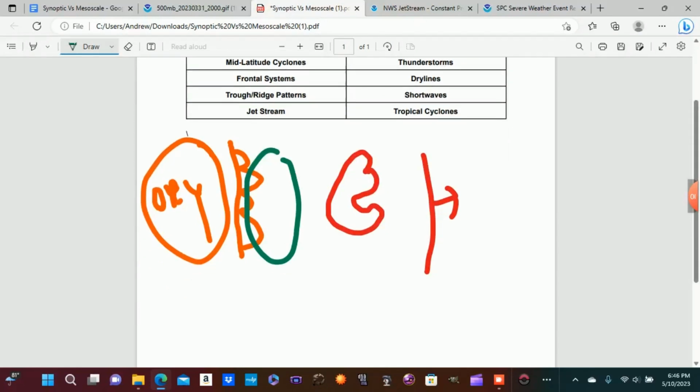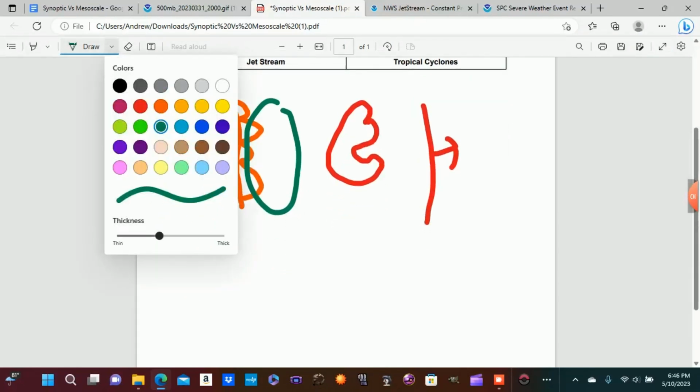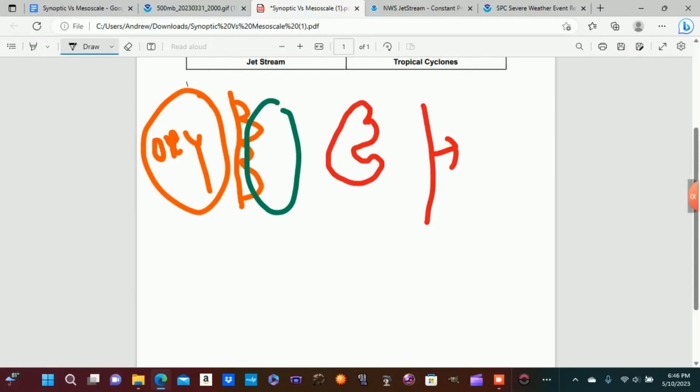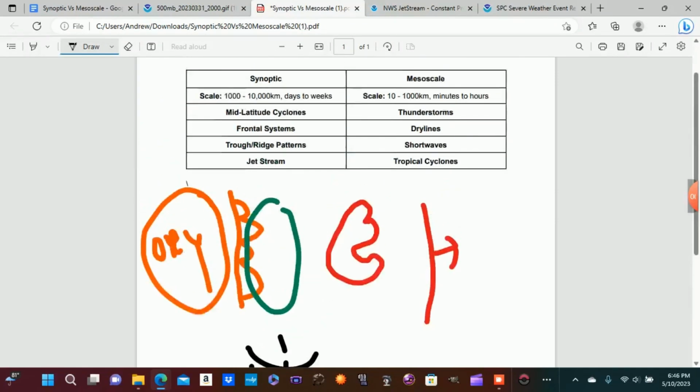And then next we have short waves that are kind of embedded in the flow of your upper level wave pattern, like this.